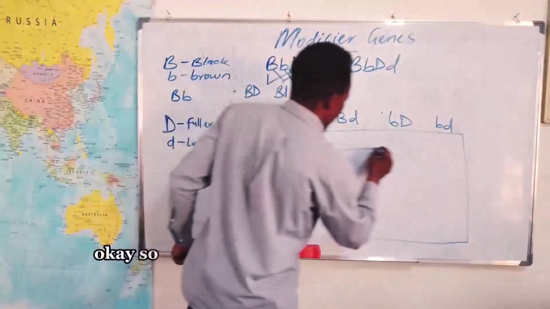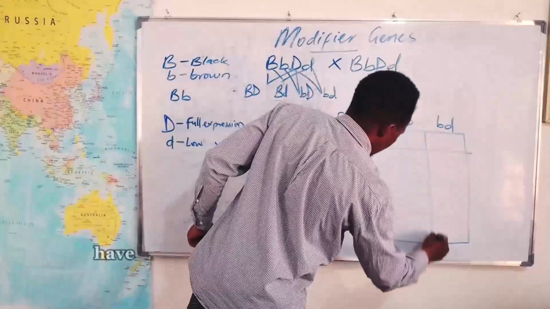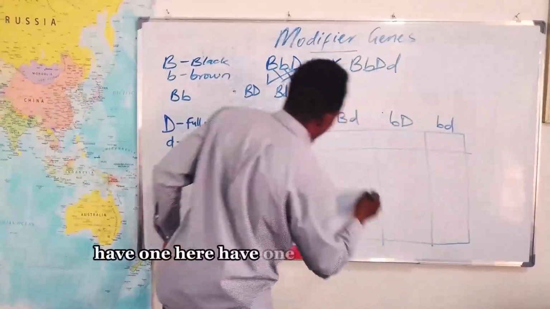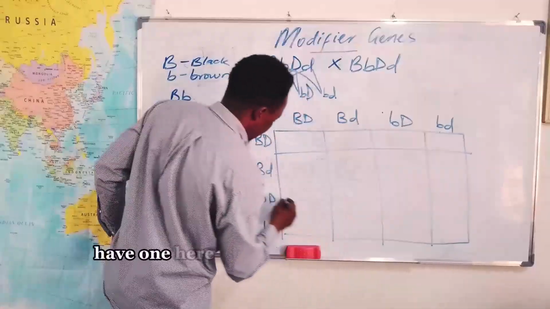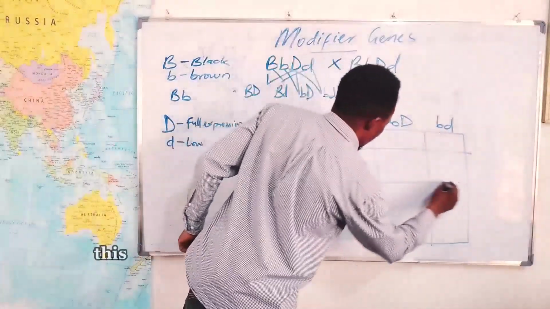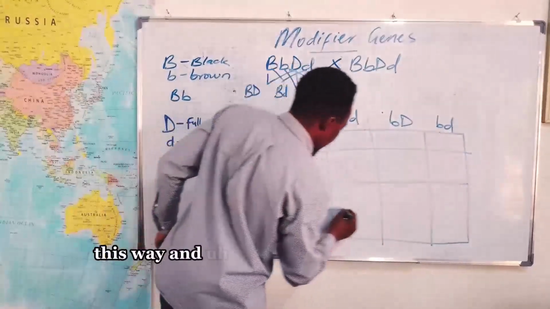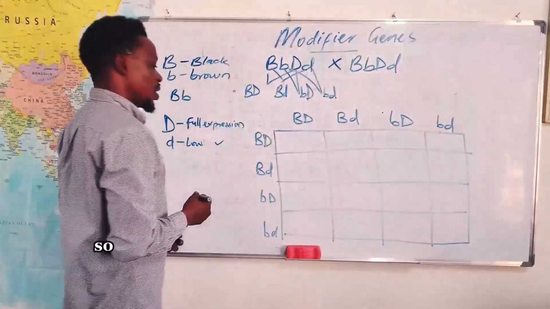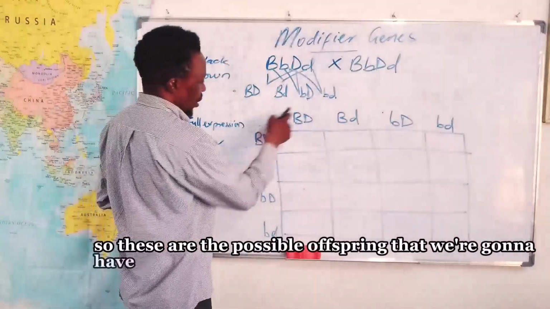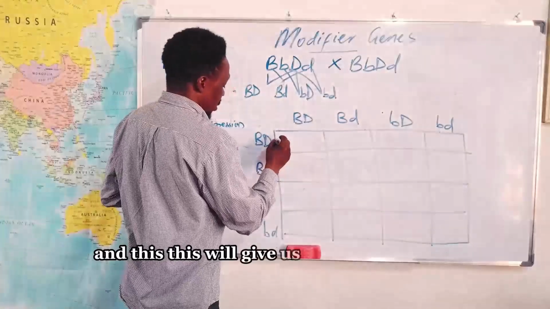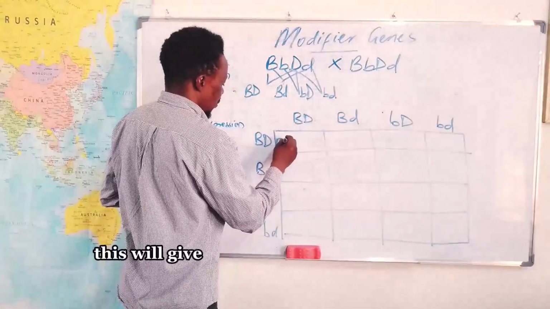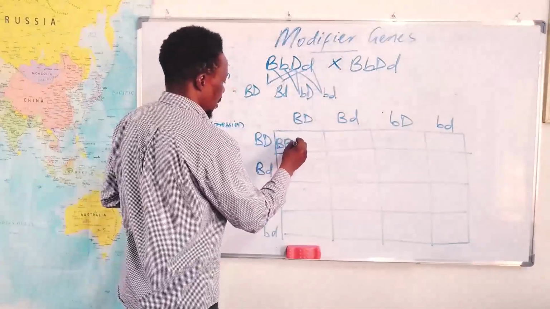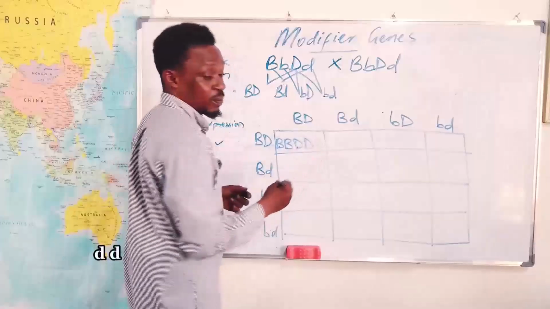Okay, so we have a line here, one here, one here, one here, and this way, and this way. These are the possible offspring that we're going to have. This will give us B B D D.